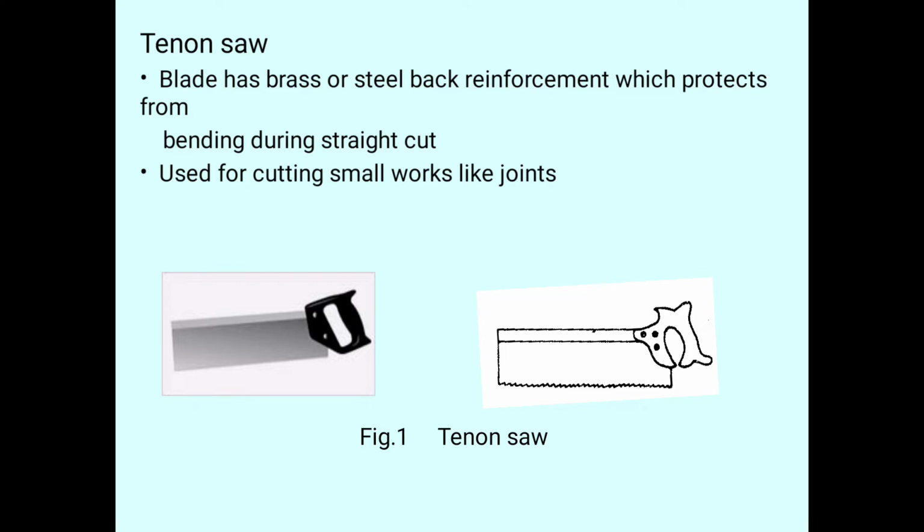Next, it is used for cutting small works like joints. Next, length of the blade, that is 250 mm to 400 mm. That will be the length of the tenon saw blade.